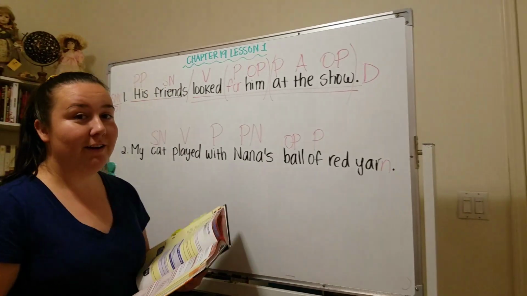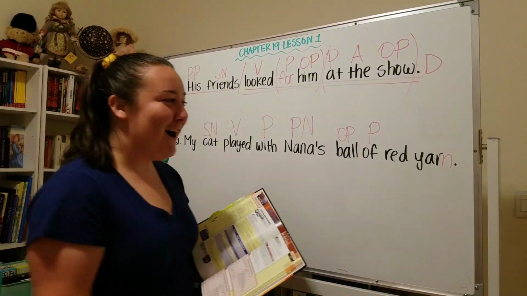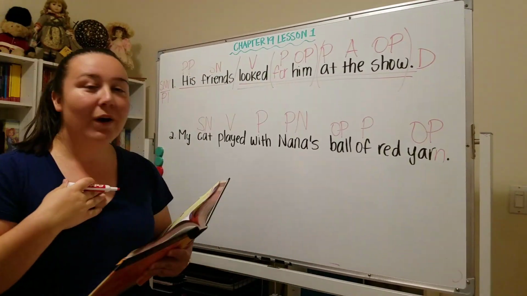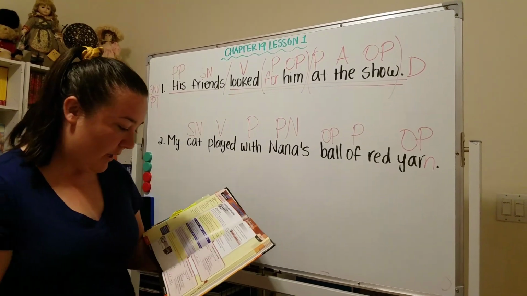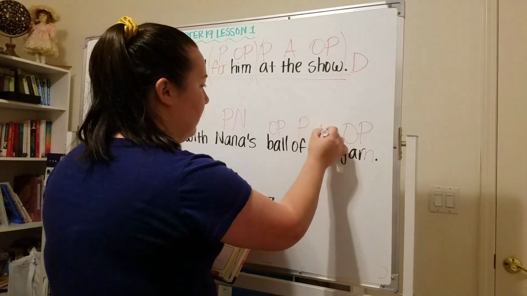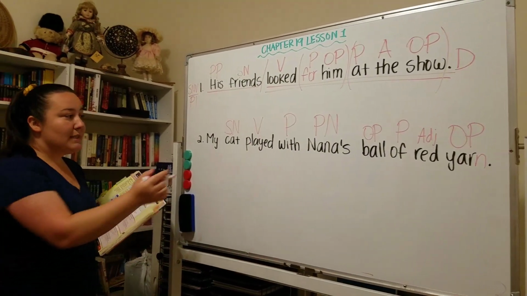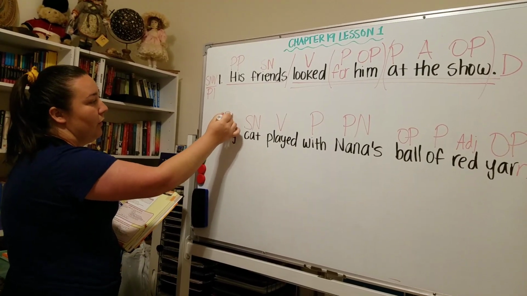This is yarn, not yarn. Of what? Yarn, object of the preposition. What kind of yarn would be red? So that would be adjective. Whose cat? My cat. Possessive pronoun.